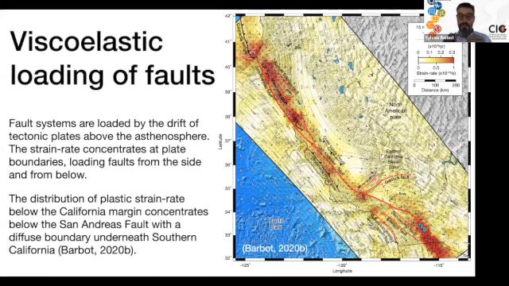And so this viscoelastic deformation concentrates at tectonic plate boundaries, where the interseismic strain rates are the largest.